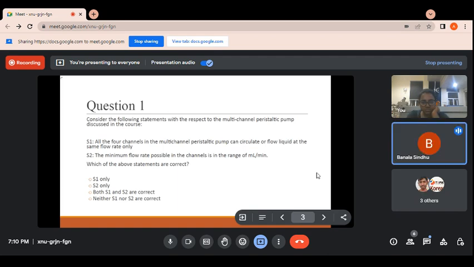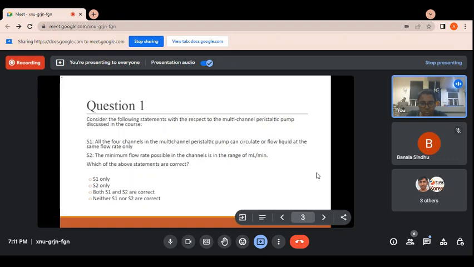Ma'am, in the channel, all types of liquids can flow. But they said the minimum flow rate is possible in the range. So option 1 is not correct, right? Go through the question carefully. All the 4 channels in the multi-channel peristaltic pump can circulate liquid at the same flow rate only.